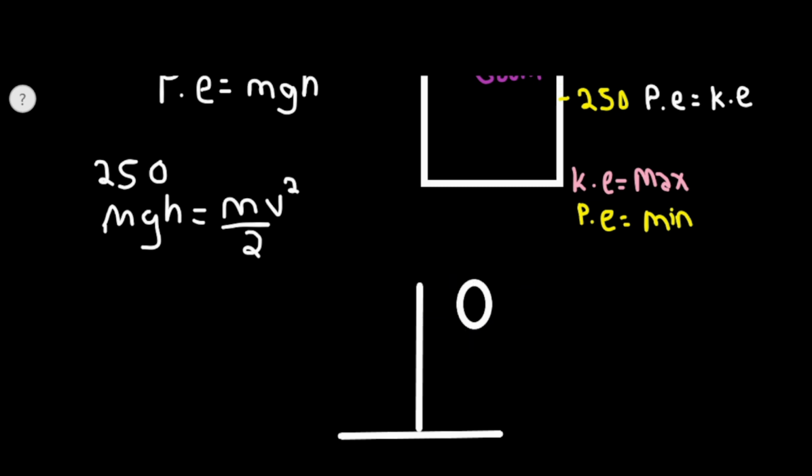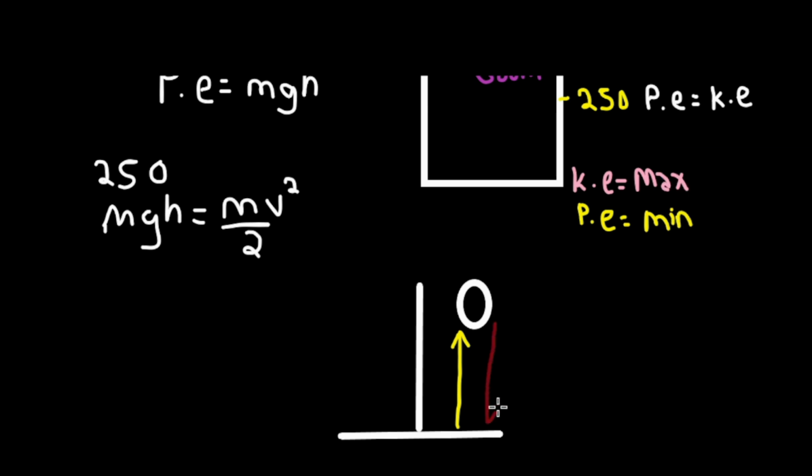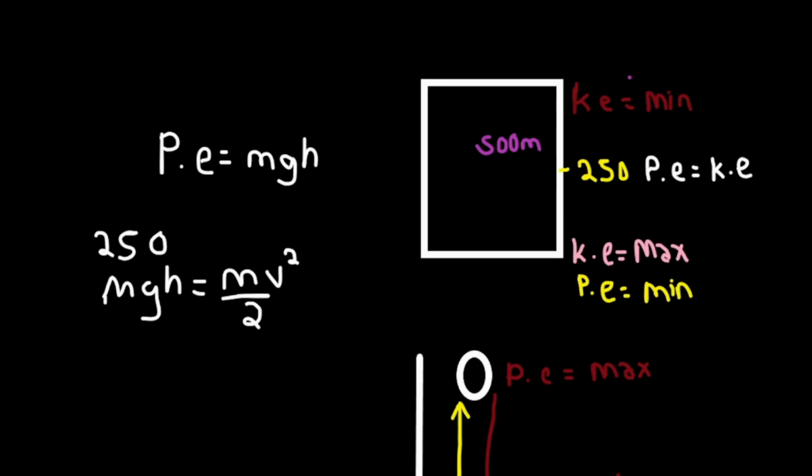The ball was bouncing from here to the top, and from the top back down. What you need to understand is that the ball will also undergo the same changes. Here our potential energy will be at its maximum point, and then here our potential energy will be at its minimum point. So those are just a few things that I wanted to highlight in terms of kinetic energy and potential energy.